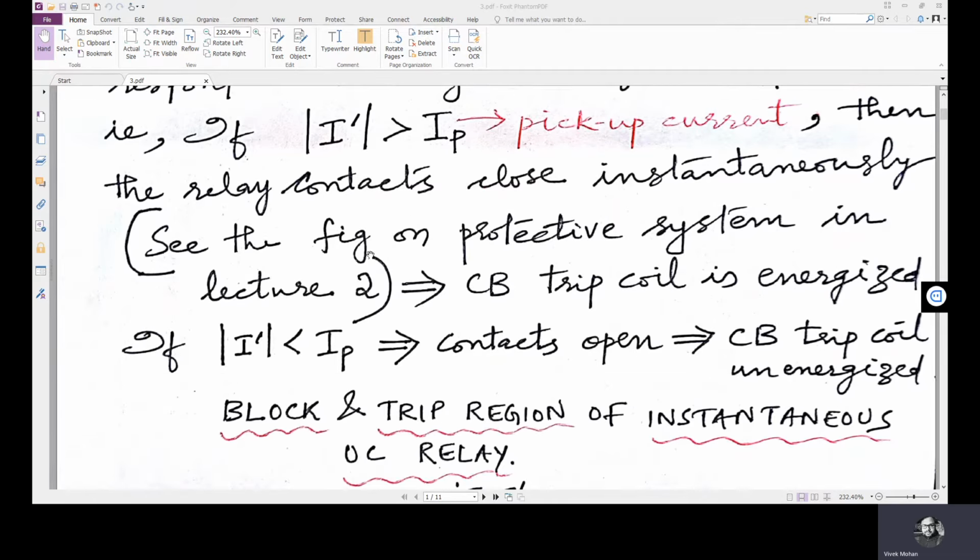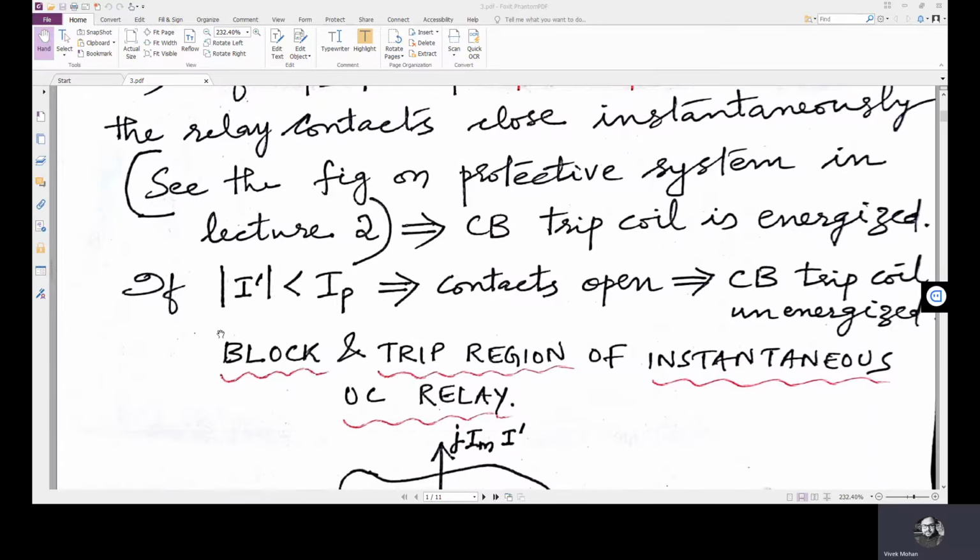This can be seen from the figure on the protective system in the previous lecture. Then the circuit breaker trip coil is energized, but if the magnitude of I dash is less than the pickup current, then the contacts are still open, so the circuit breaker trip coil is unenergized.